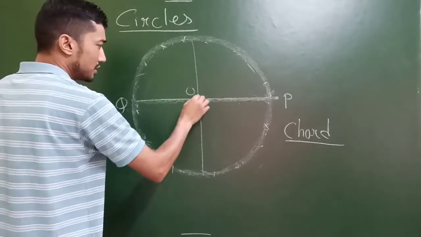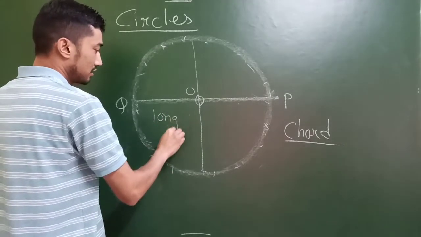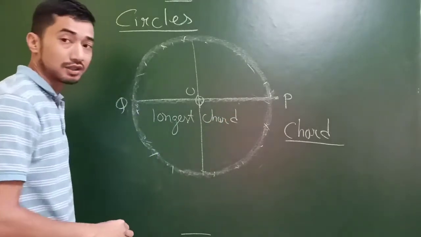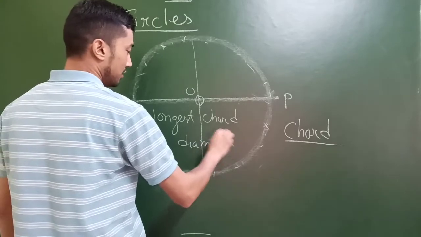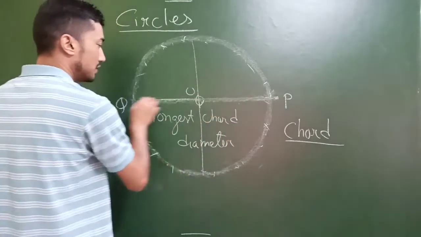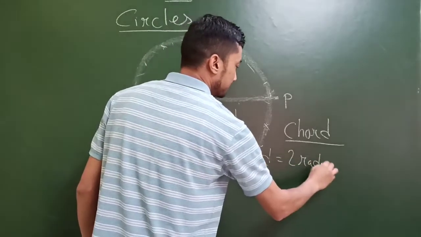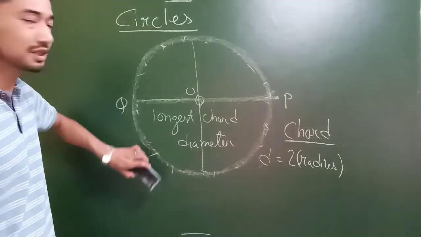That chord is the longest chord in a circle, which is also called the diameter. So it becomes double of the radius. So diameter is double of the radius, right? So these are some facts which we already know.